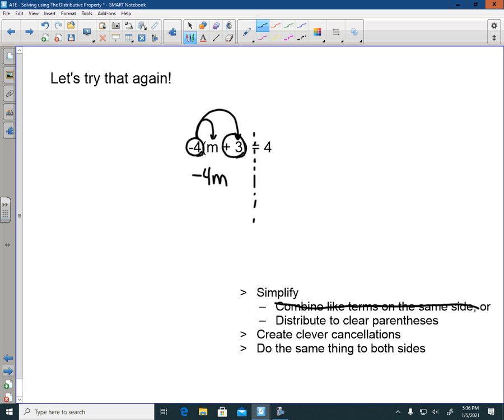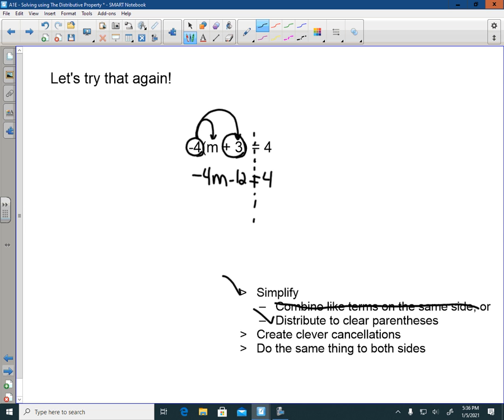Well, a negative times a positive is negative, and then 4 times 3 is 12, so we have that, and that's going to equal 4, because we haven't done anything with the 4 yet. So we were able to distribute to simplify, and we are now done with the simplification step.